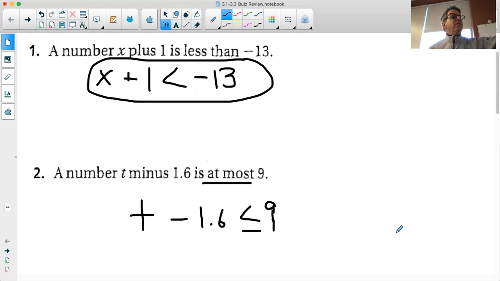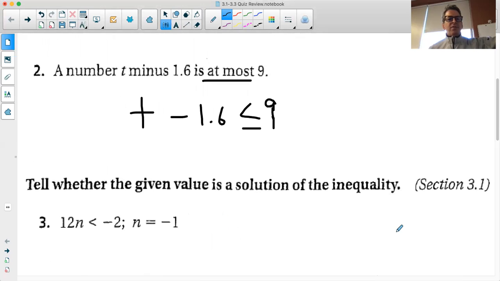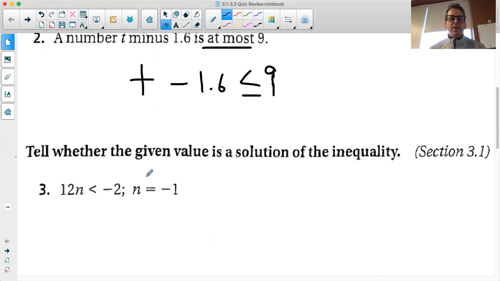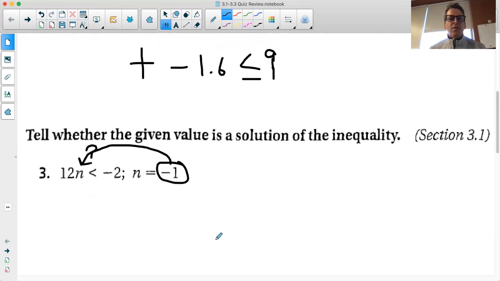All right, moving on to number 3. Tell whether the given value is a solution of the inequality. Okay, so this is where we're going to be doing some substitution into the inequality and determine if that inequality is actually true. So we're not sure if this is going to be true when n is equal to -1. Okay, so here comes the substitution. If n is equal to -1, we'll take 12 times the -1 less than -2.